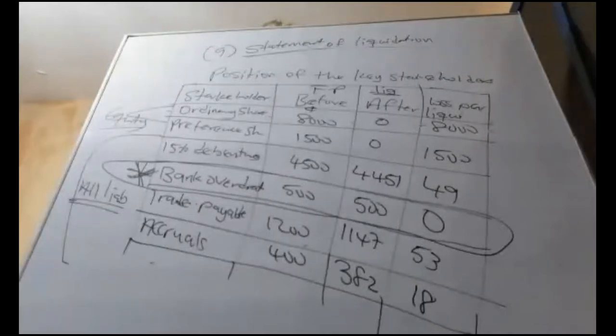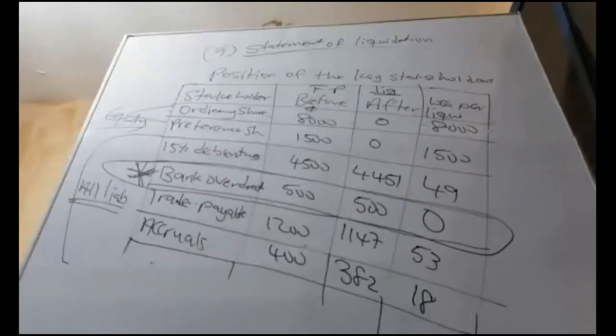Good, so let's continue. Now the bank overdraft, they are not even losing a percent of their money because they are getting their money intact. That is the first analysis.